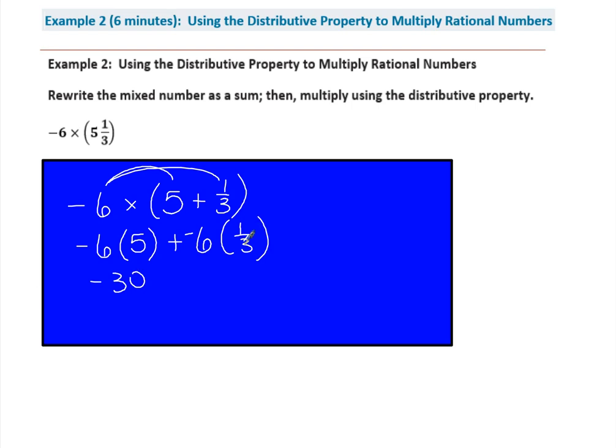And I can cross cancel here, leaving me a -2. And then we can put those two things together, and we can say -30 and a -2 is a -32. So we just broke them up.